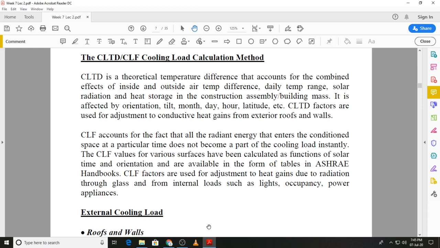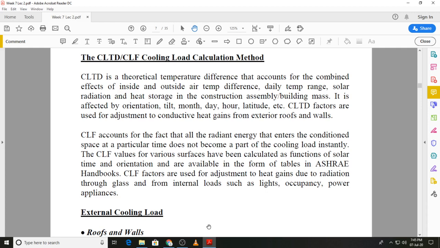So if we want to take into account all these variables and still use an equation like we had in the case of heat transfer, that is Q is equal to UA delta T, we cannot use delta T. Instead, we replace delta T by CLTD. The complex mathematics that is required to produce that cooling load temperature difference value is not something we are going to go into.